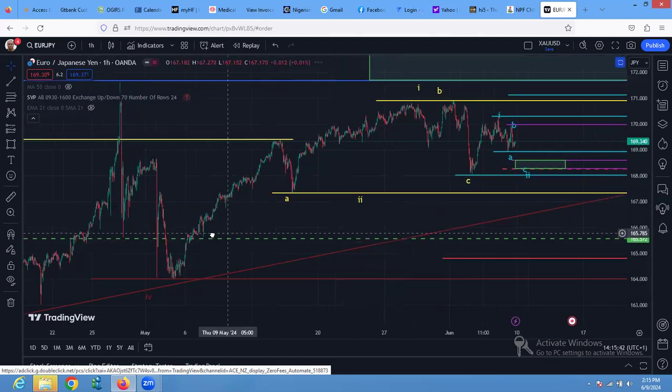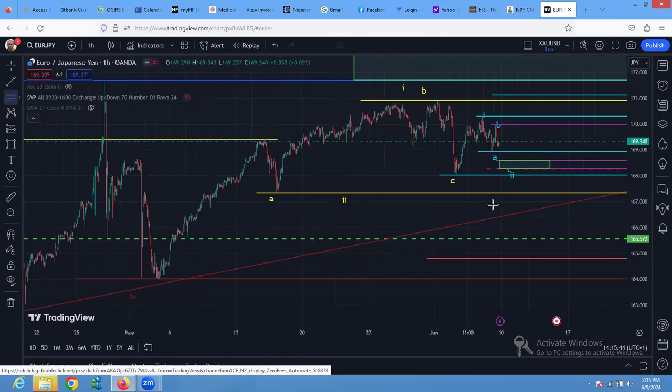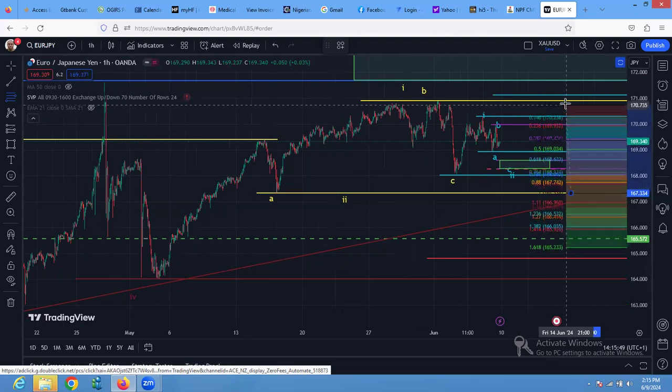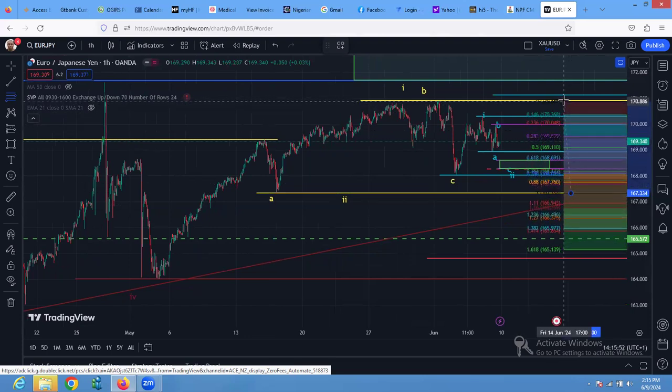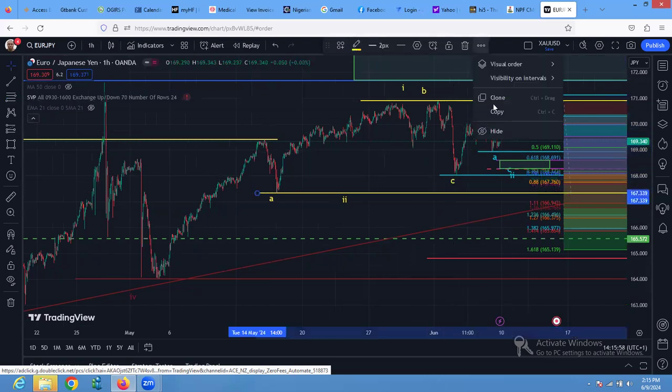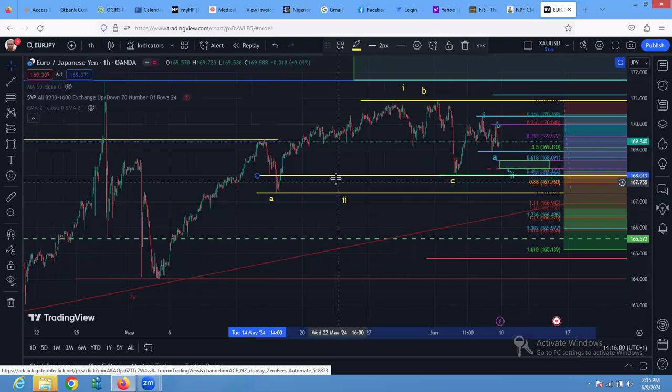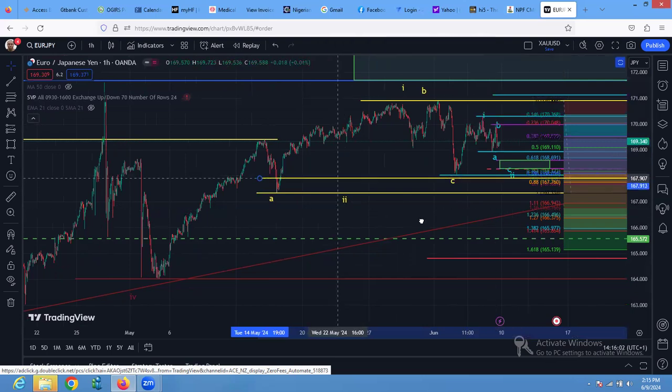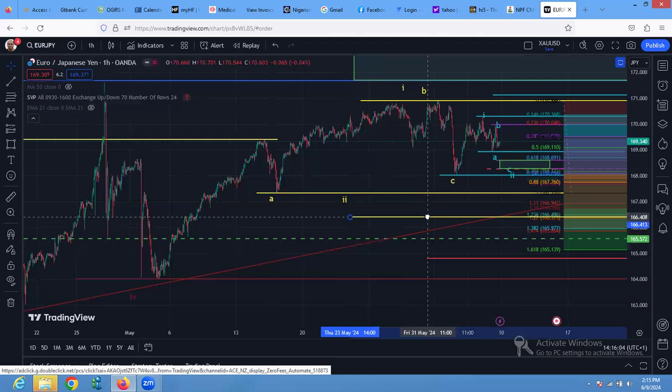Where it's going to stall will be at 123 to the downside, which is around this area. Based on what I'm seeing, if that wants to happen, then 123 will be around this area. So your C can still come to this area.